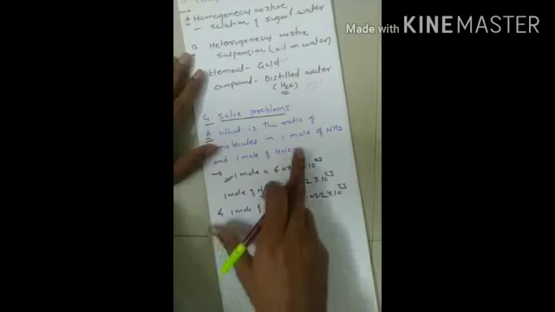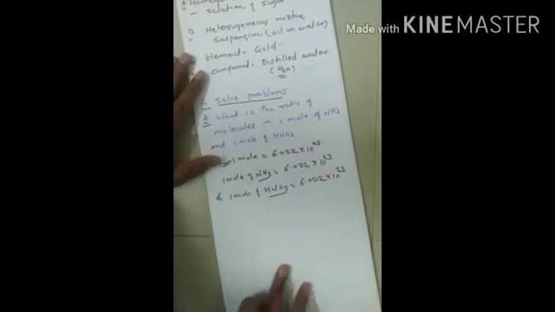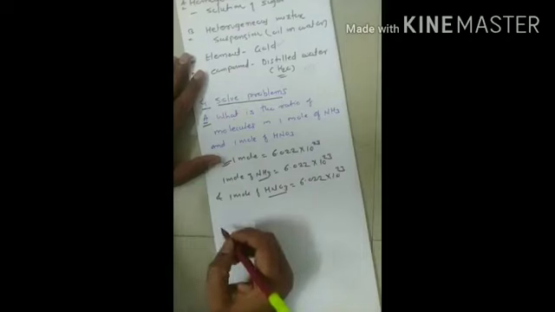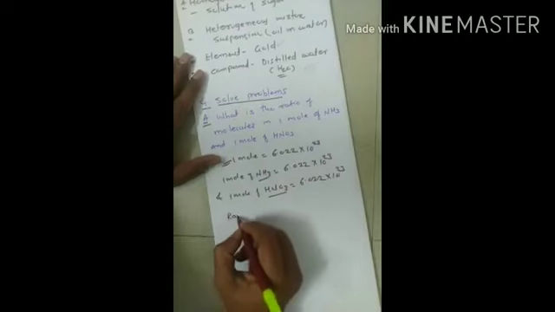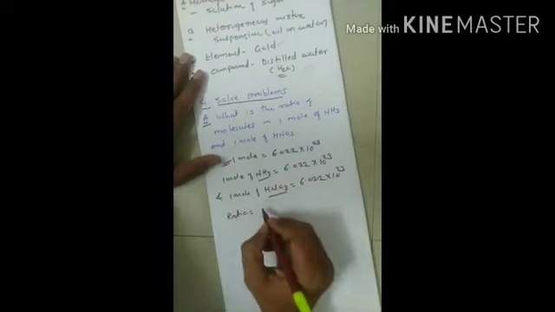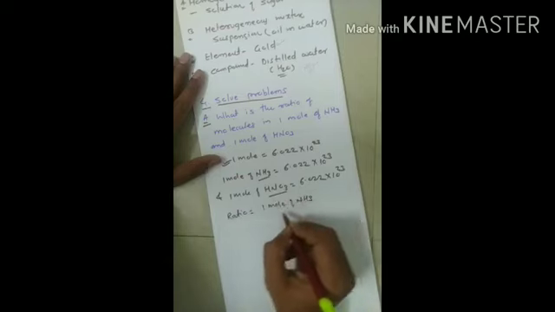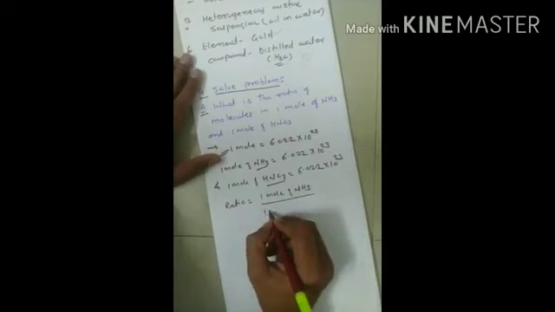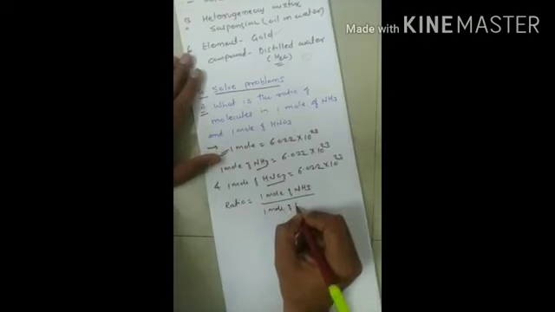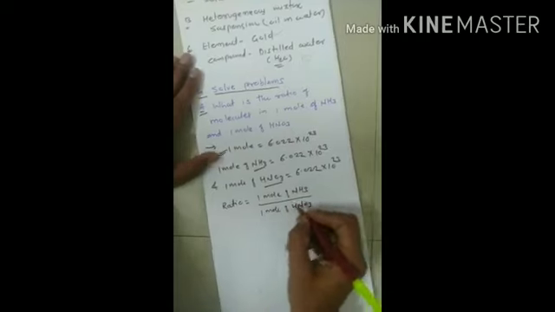Now we have to find out the ratio of their molecules. The ratio is nothing but 1 mole of NH3 to 1 mole of HNO3, isn't it?